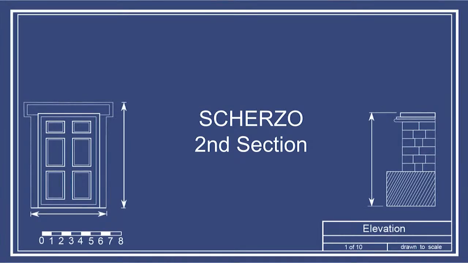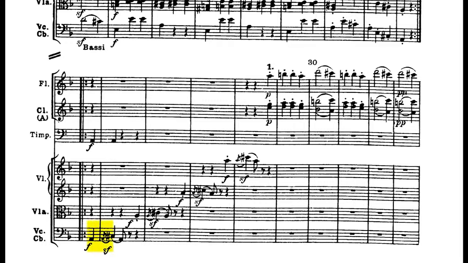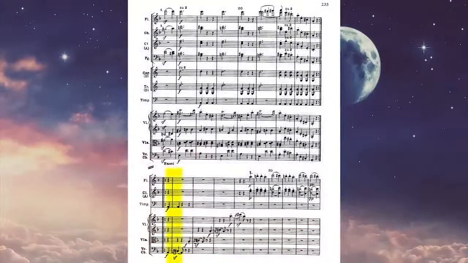For the second section, Beethoven uses the opening grace note figure, now in A major, where we've just arrived. He starts it in the cello and bass, violas, second violins, first violins, from top to bottom. Very difficult for an orchestra to coordinate that passage.